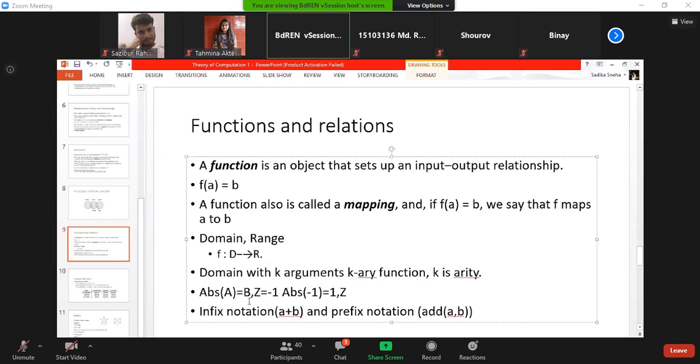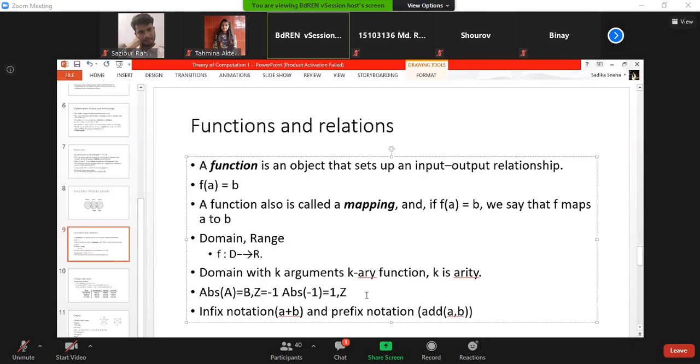That's why it is a unary function. In the domain there will be only z, and in the range there will also be z. But our concern is that in the domain we have only z, which is representing all real numbers.